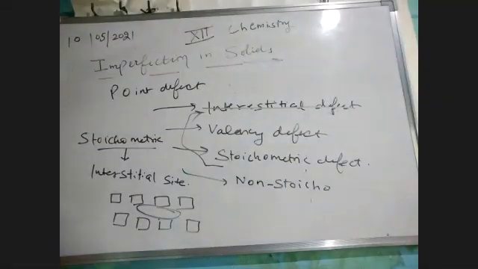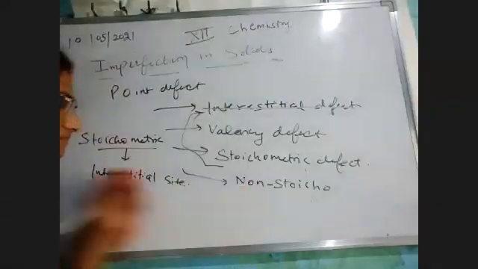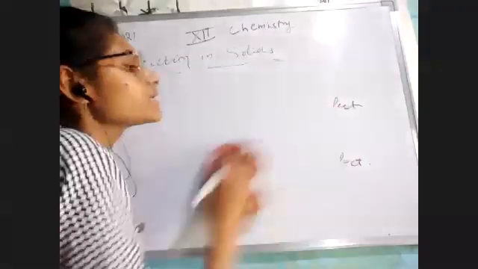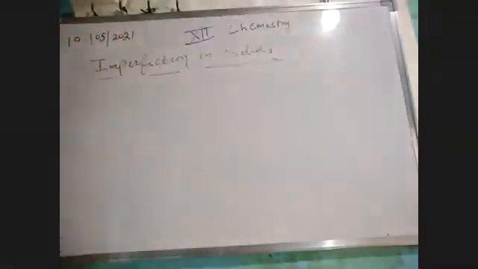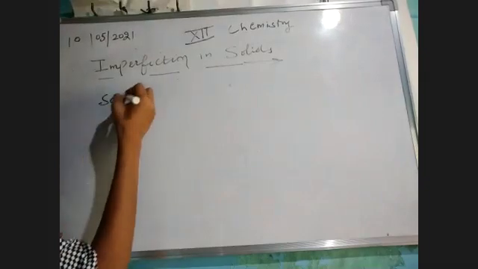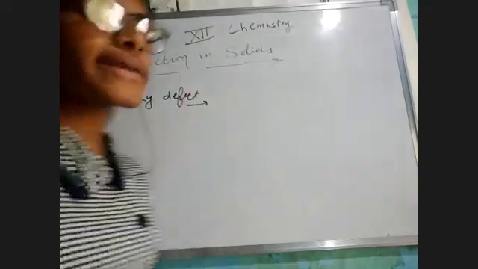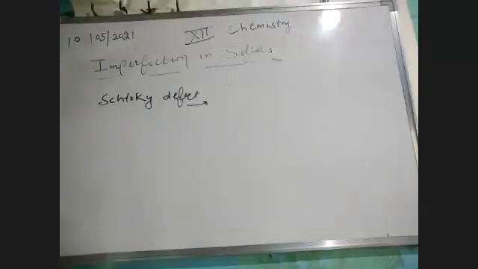So let's start with our main topic, that is the Schottky as well as Frenkel defect. I'm going to rub this, and now you will see how important and how easy these defects are. Let's start with the Schottky defect. The Schottky defect is basically defined as the defect in ionic solids which creates a vacancy whenever we remove a particular atom from its site.